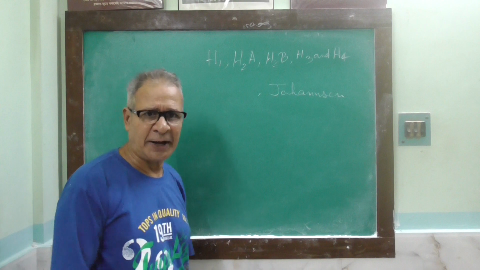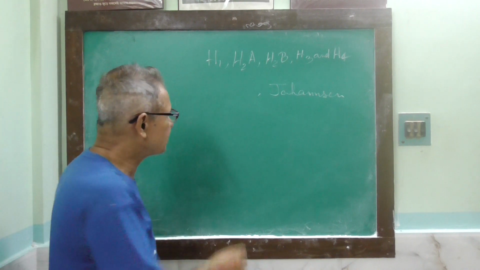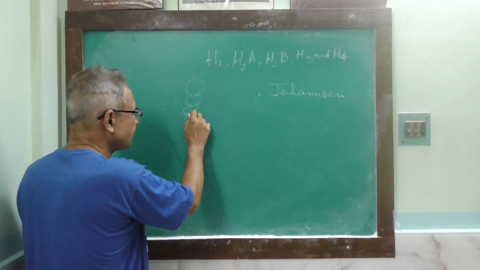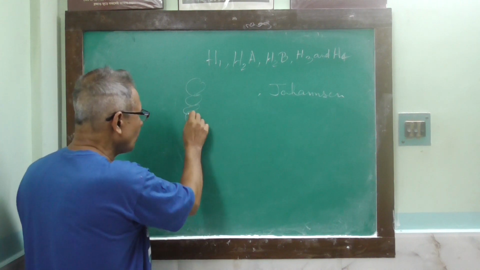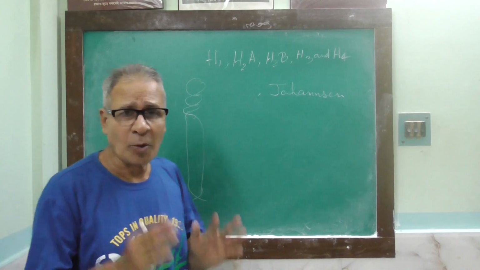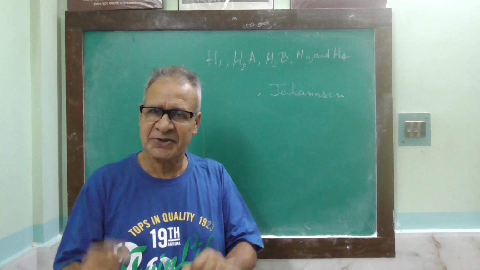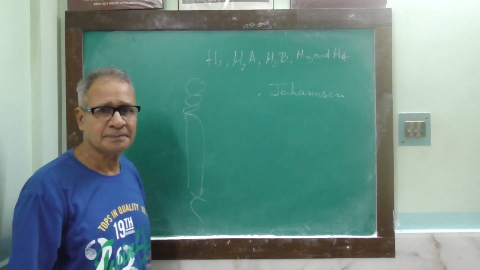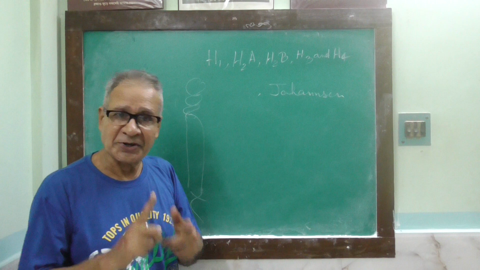So what is a gene? A gene is a functional segment of a DNA molecule. You know DNA is a macromolecule and is a double-stranded helically coiled structure, and a particular part of the DNA is the gene.